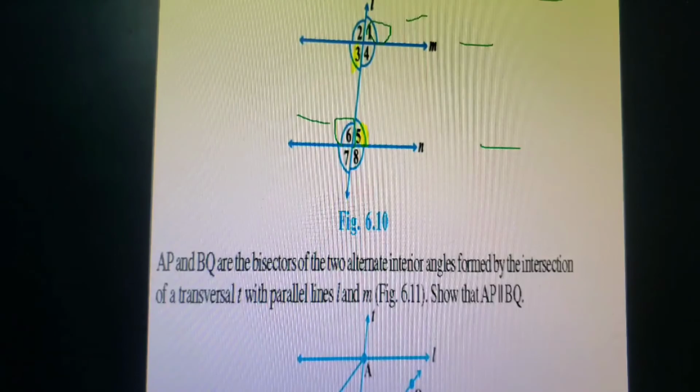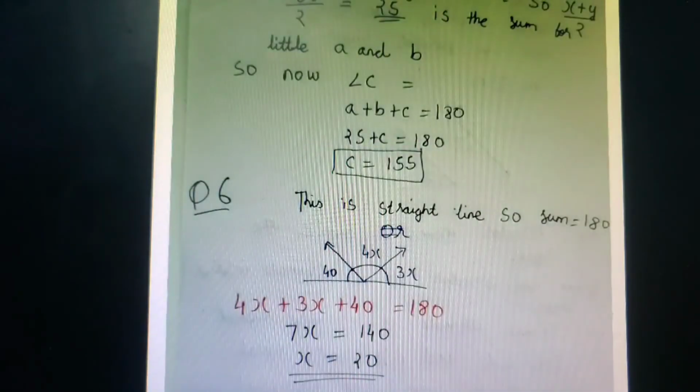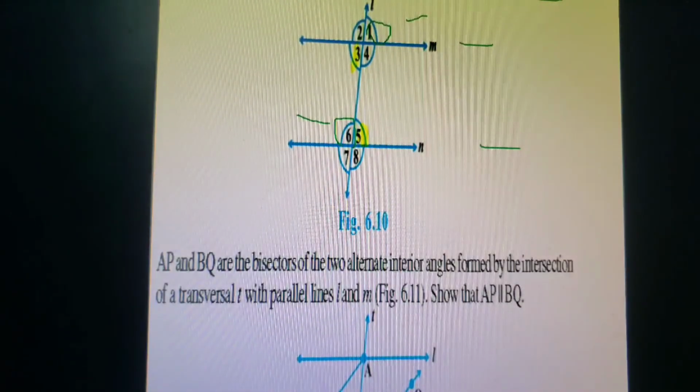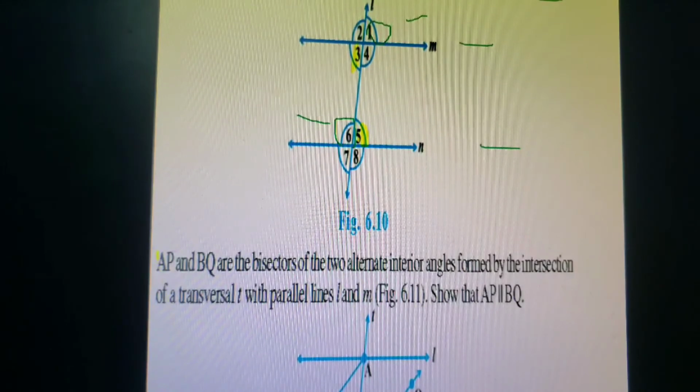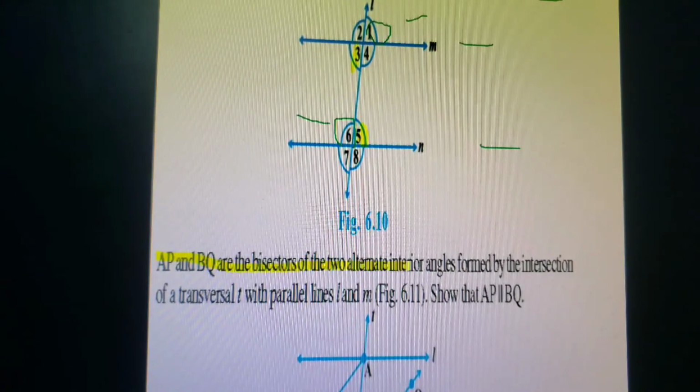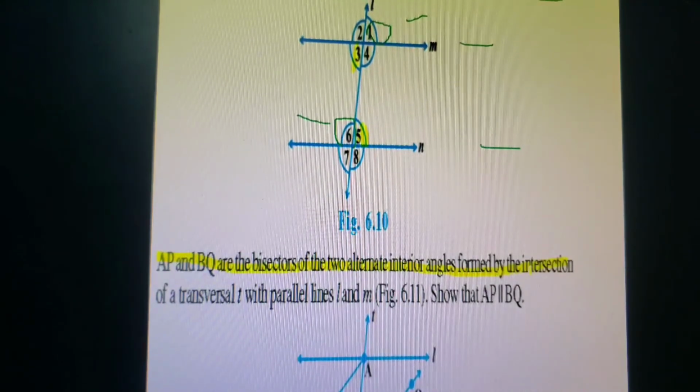Now moving to the next question, I think it is 8 or 9. AP and AQ are the bisectors of two alternate interior angles formed by the intersection. This clearly proves that the lines are parallel, because if the alternate interior angles are equal, the lines are parallel. This line and this line are parallel.